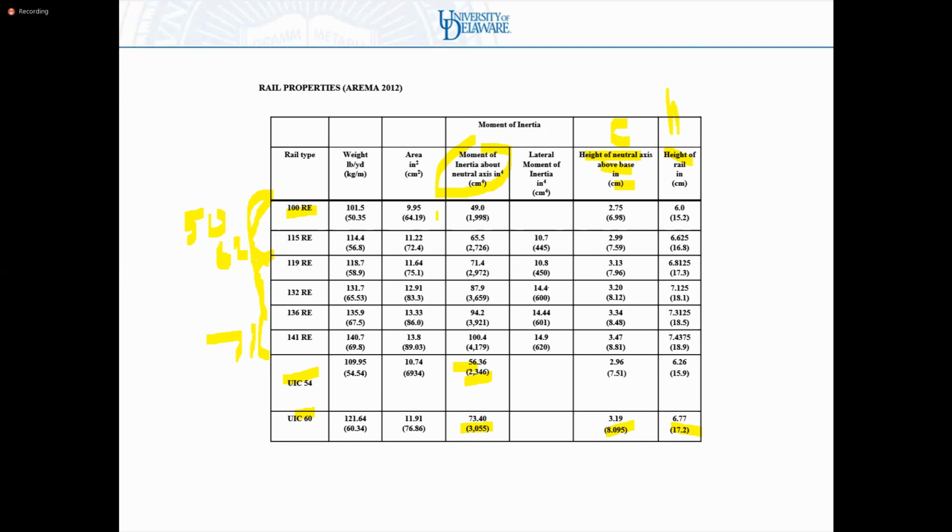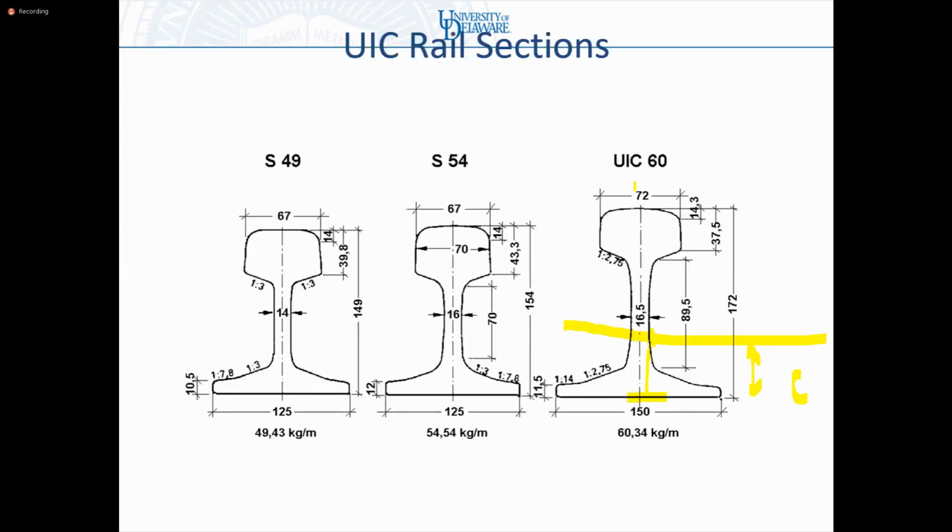Every rail manufacturer will tell you their properties. These are all tabulated. You're welcome to try to calculate it if you want, but you don't have to. So C is always one of the properties given, and it's always given as the height from the base of the rail to the neutral axis.